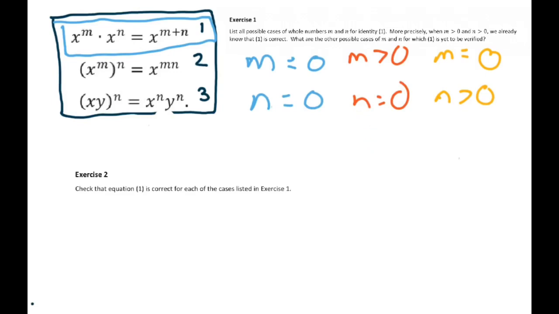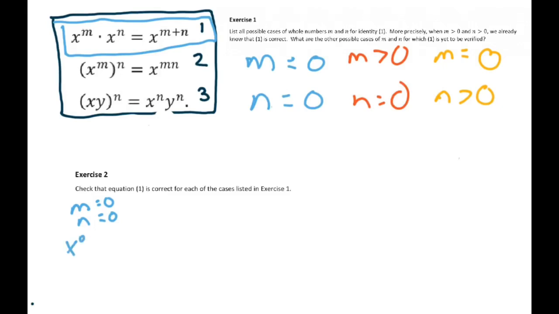So, for exercise 2, you're going to write something out very similar to what I just wrote out. I'll actually do the first one with you here. For our first one, m equals 0, n equals 0. Why do we know that's true?